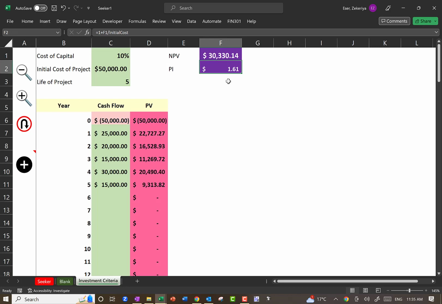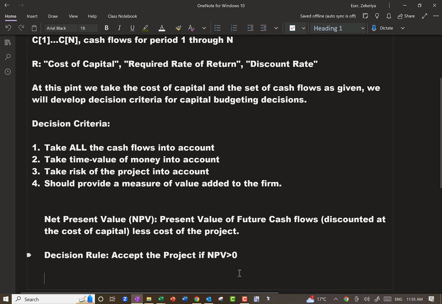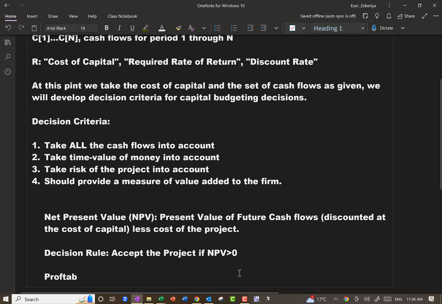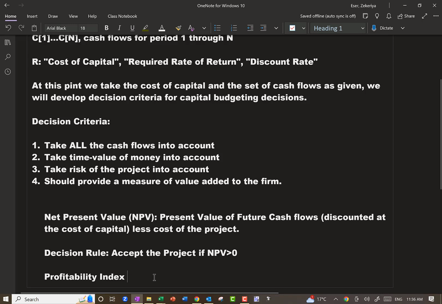This is also another, the so-called profitability index. PI, not pi, but come on, man. Which is 1 plus NPV divided by cost of project or initial cost.